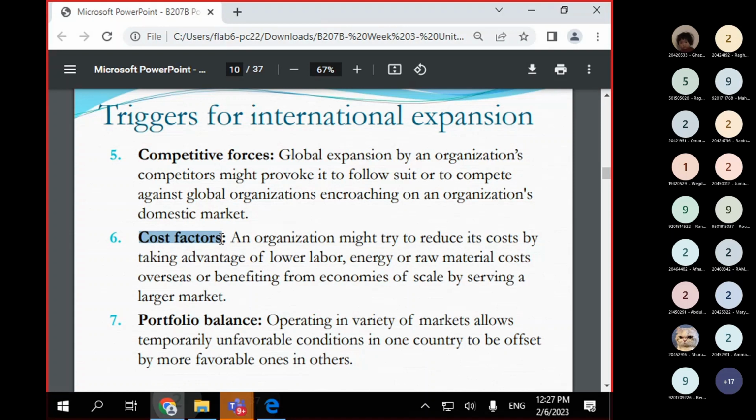You are competing with your competitors who are in the domestic area and who are in the global area as well, like Burger King and McDonald's, for example. McDonald's expanded, Burger King wants to expand. Any two competitors compete on going to more countries and more geographic locations, because if they don't compete with their big competitors, eventually their company will die.